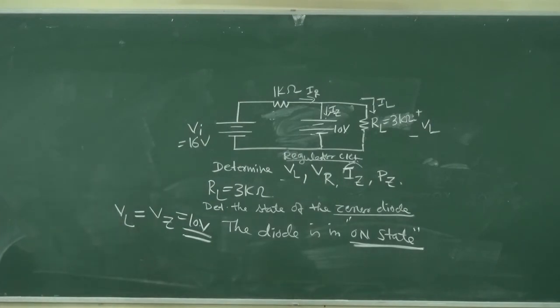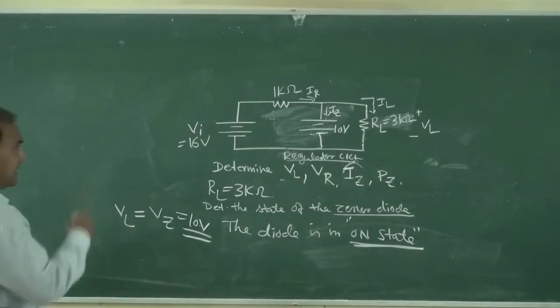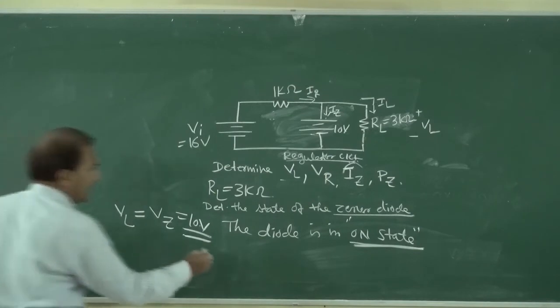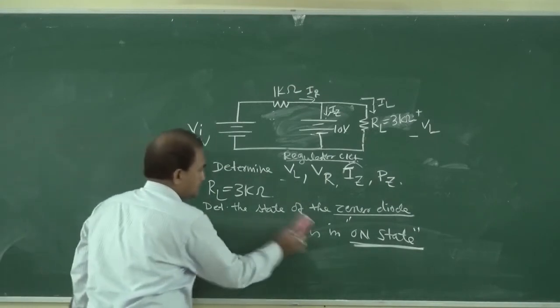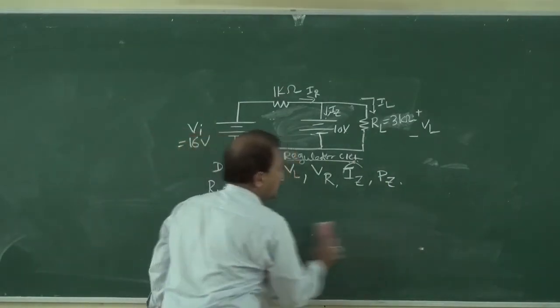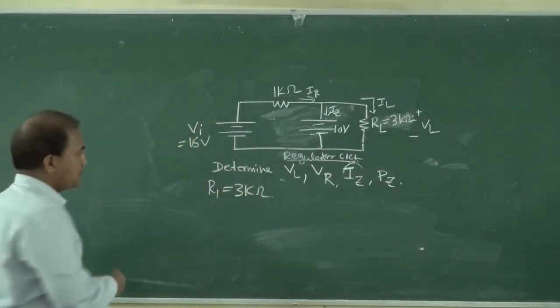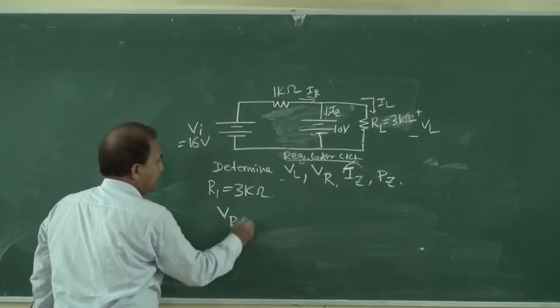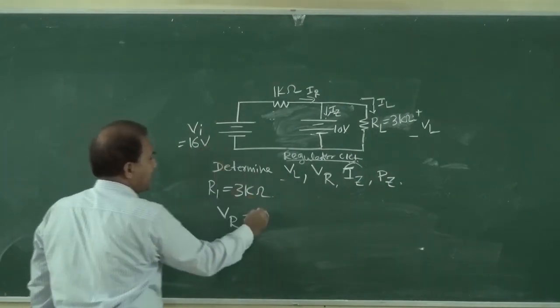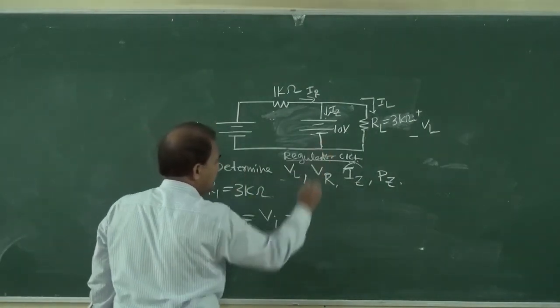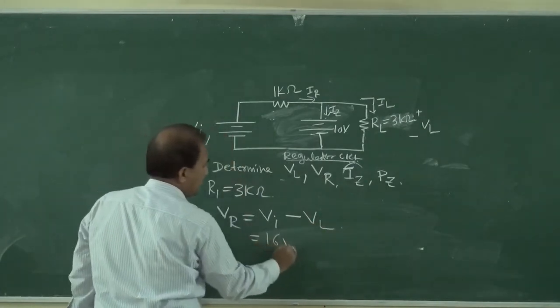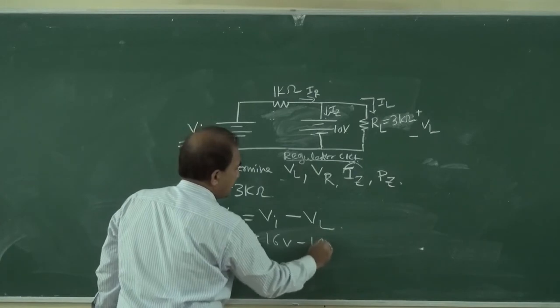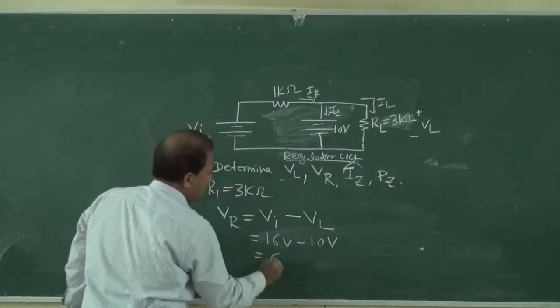Then second, we have to see how to calculate VR. VR is equal to this Vi minus VL. So it is equal to 16 volt minus VL, which is 10 volt. So it is equal to 6 volt.